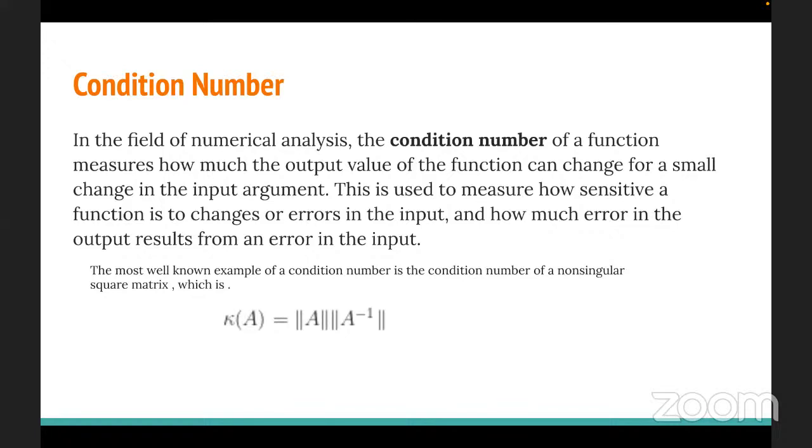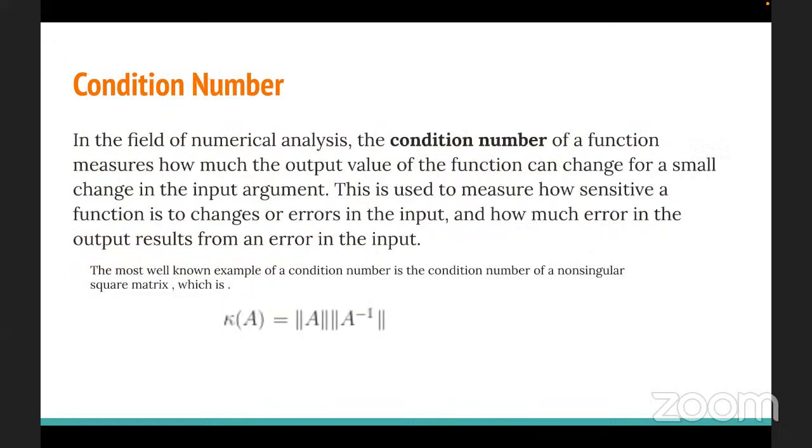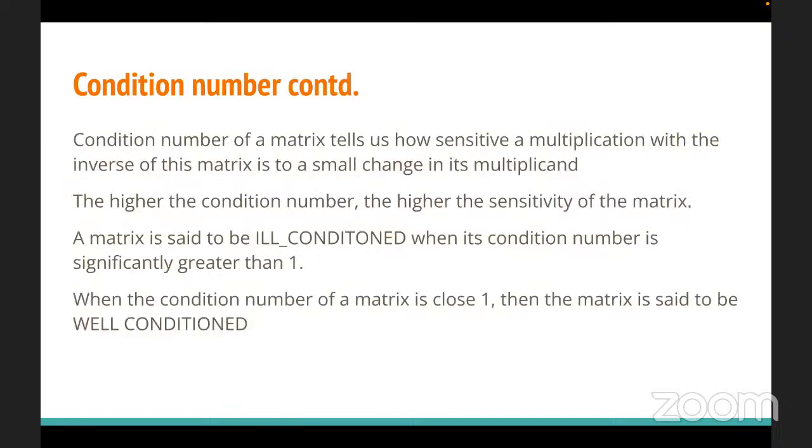For you to be able to calculate the condition number of a matrix, you must be able to find the inverse of that matrix. So when you multiply the norm of a matrix with the norm of its inverse, it gives us the condition number. Now, the higher the condition number, the higher the sensitivity of that matrix.